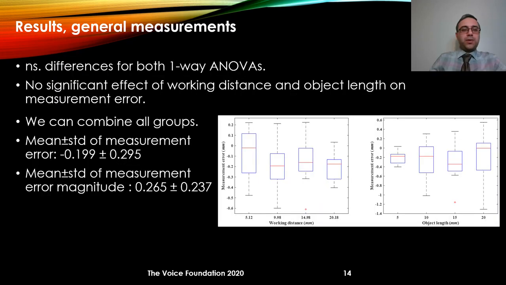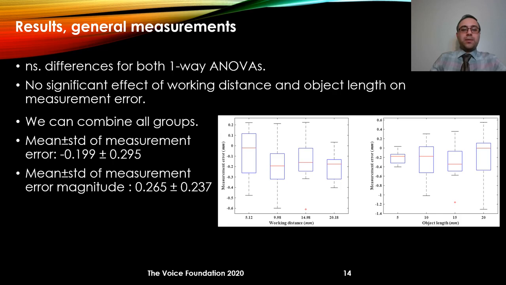Performance of the method for general measurement was evaluated using one-way ANOVA. We created 4 line segments with lengths of 5, 10, 15, and 20 millimeters. We placed them in different spatial locations of the field of view, and we changed working distances to 5, 10, 15, and 20 millimeters.